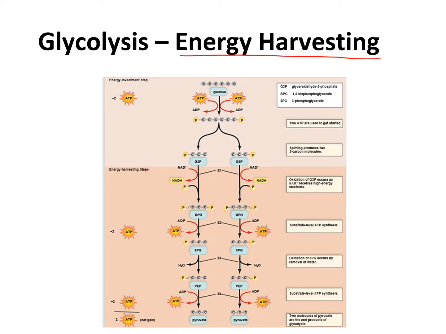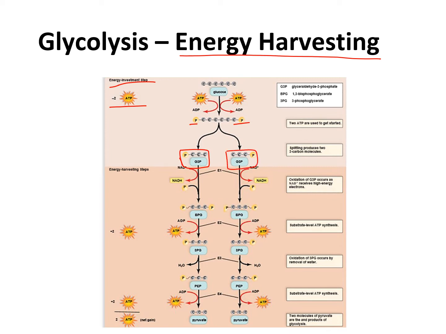And this occurs after the energy investment stage. So energy investment stage, this involved using 2 ATP to phosphorylate the glucose molecule, which destabilized it and caused it to break into 2 G3P molecules.